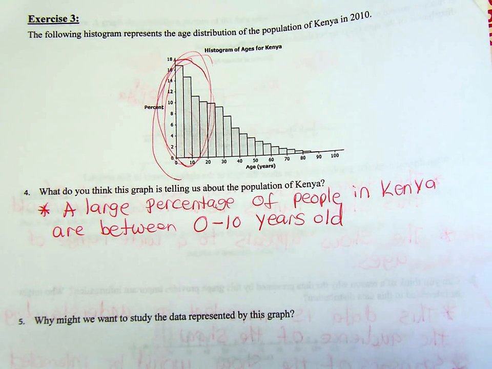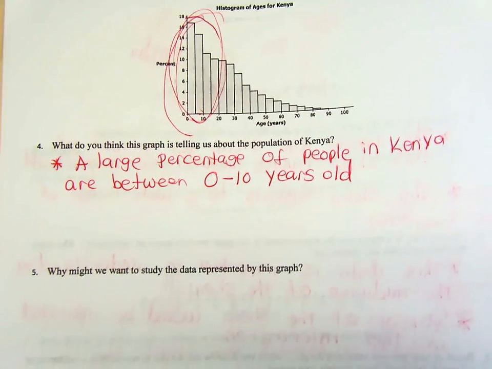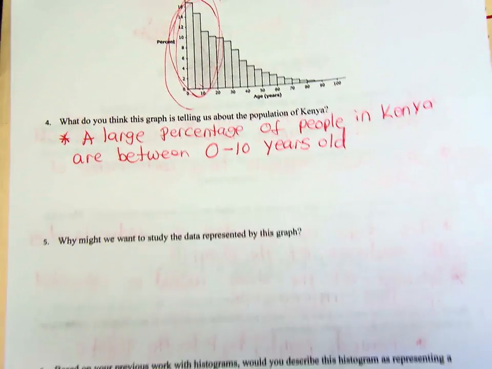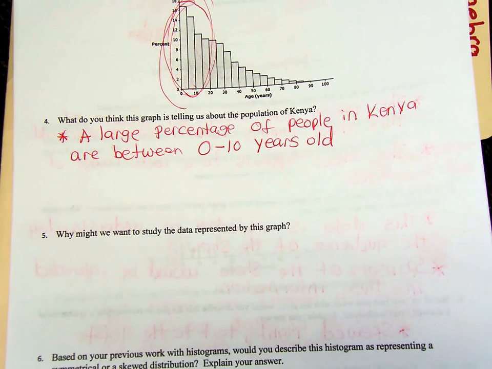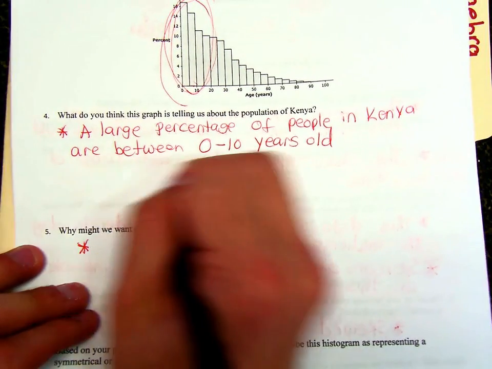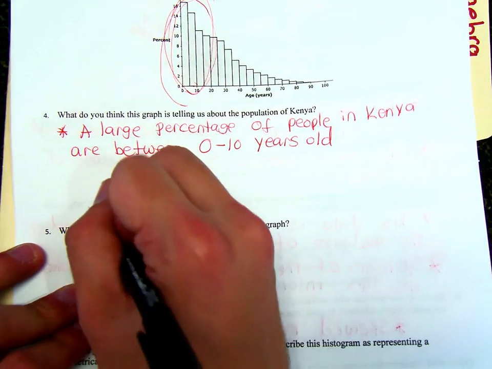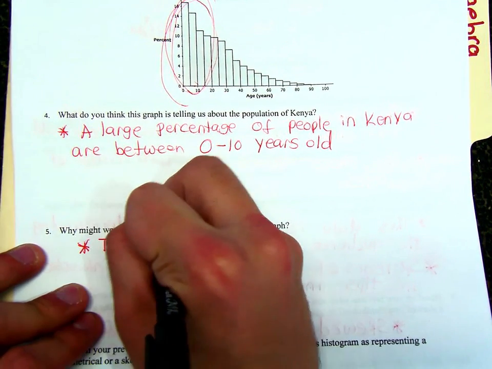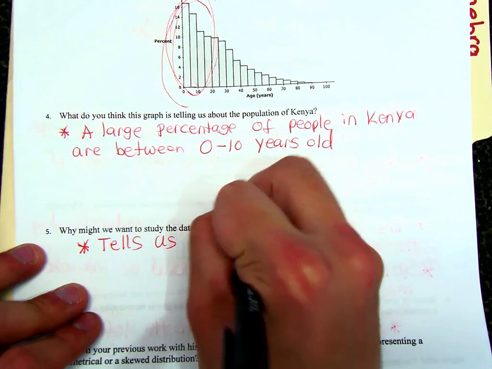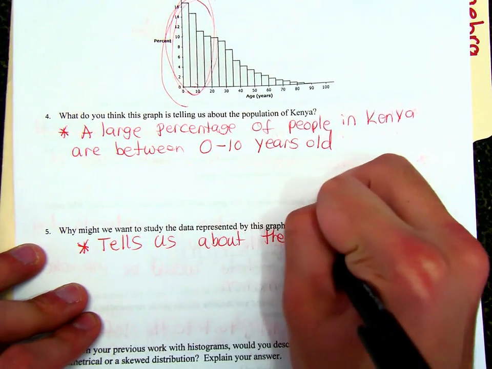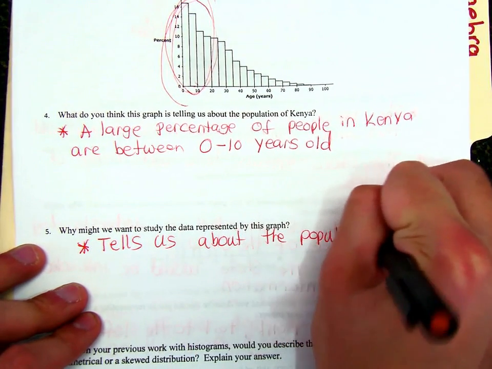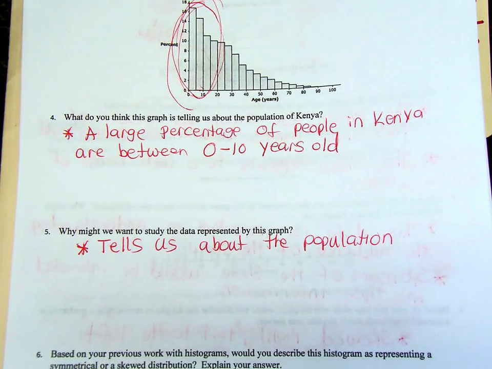So we said, why might we want to study the data represented by this graph? Why would someone want to know anything about the ages of people in Kenya? It will tell us about the population. We could say something about the challenges based on ages.